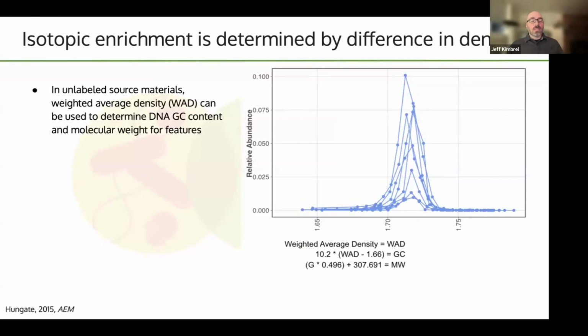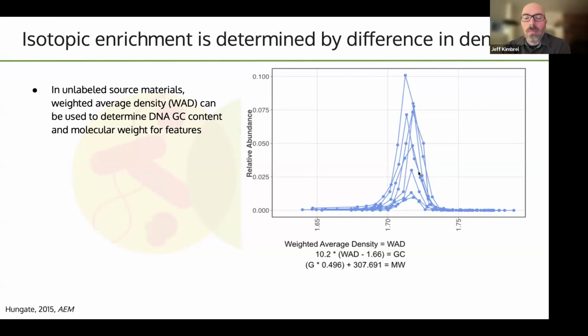So the qSIP process itself: how do we actually turn this from a visual, yes, it looks like it shifted to the right, to an actual quantitative component? So starting first with the, sorry, this is an 18O study. We can first calculate the molecular weight of the DNA at this density.